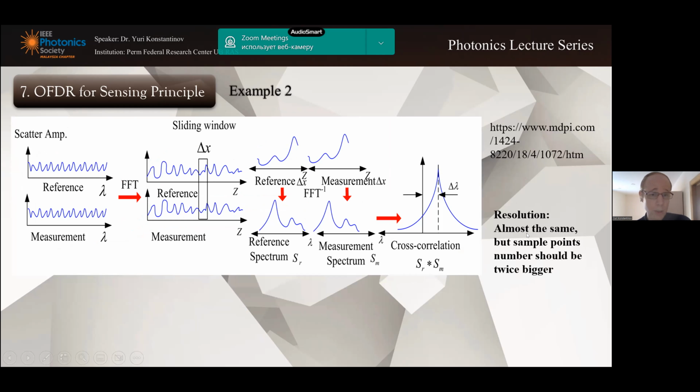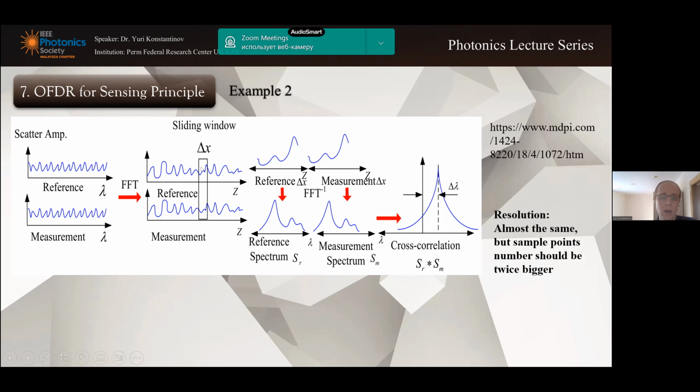So another way to extract the signal is a bit more complicated in comparison with the previous one. The same as before, we need to provide the reference measurement and the measurement. And after that, we take a sliding window and travel from the start of the OFDR trace to its end.